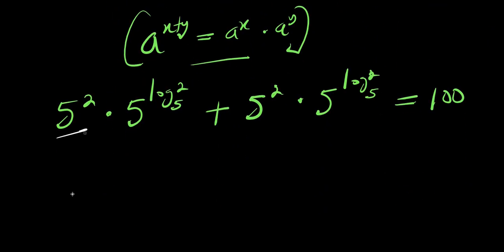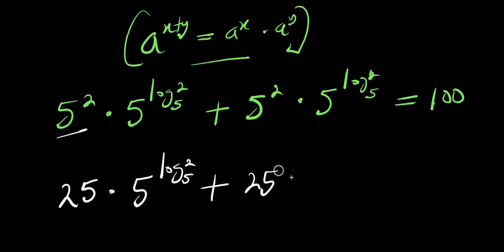So from here, 5^2 is 25, times 5^(log 2 to the base of 5), plus 25 times 5^(log 2 to the base of 5) equals 100.